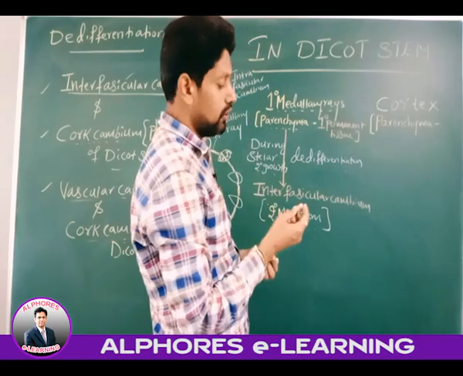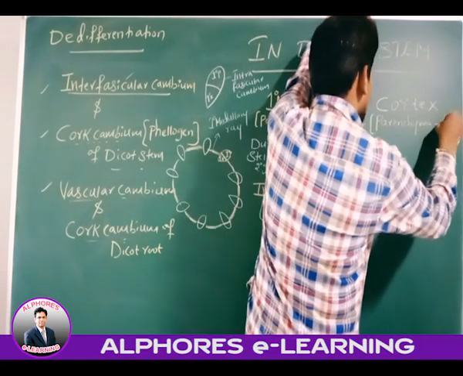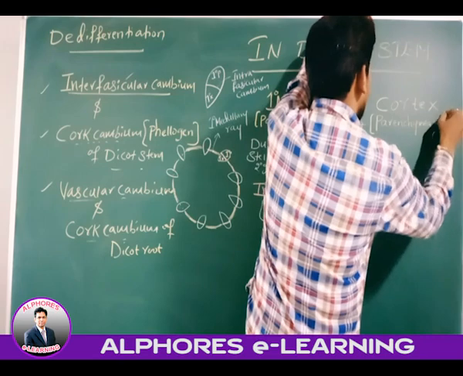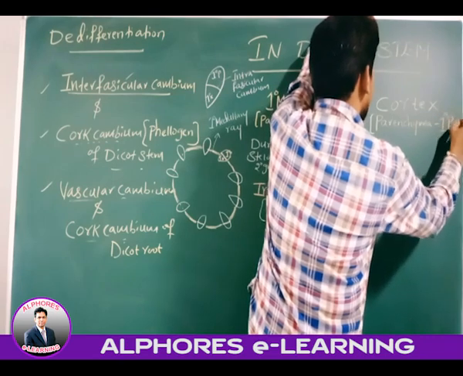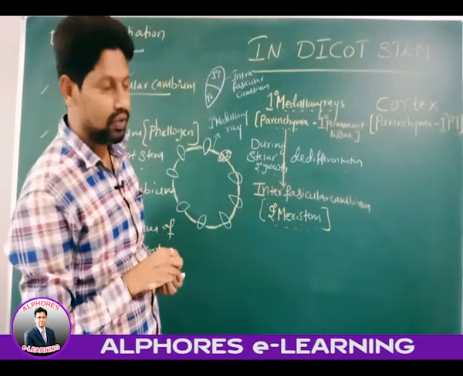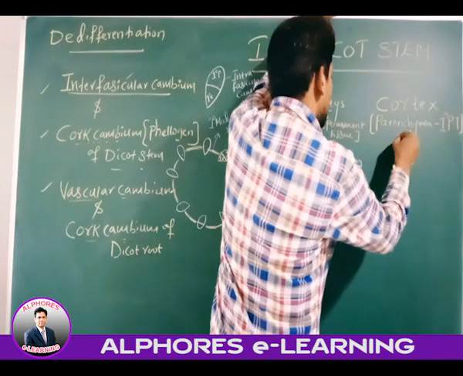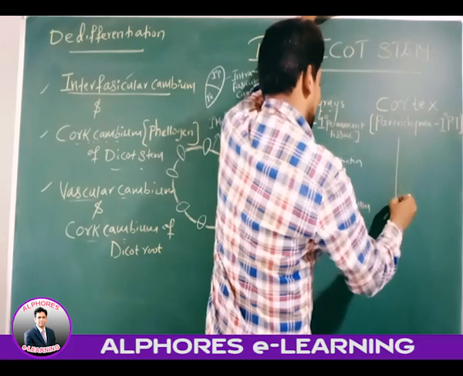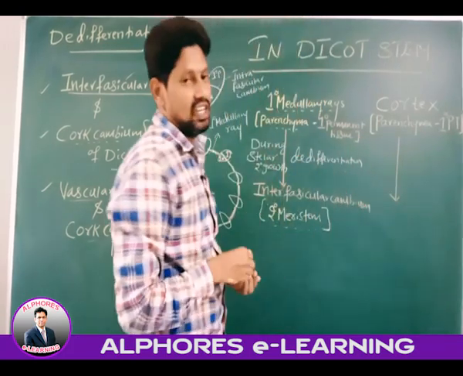I already told you, parenchyma is a primary permanent tissue. This parenchyma present in the cortex undergoes the de-differentiation process.